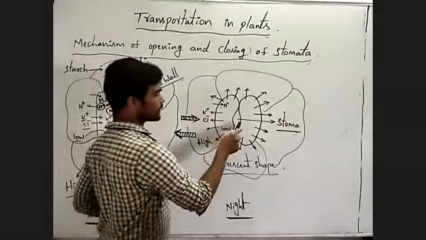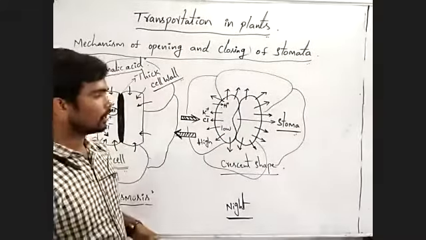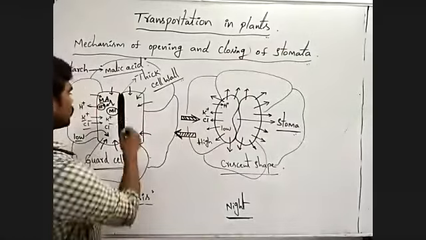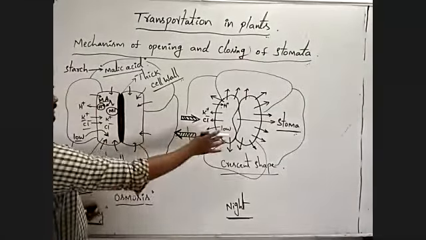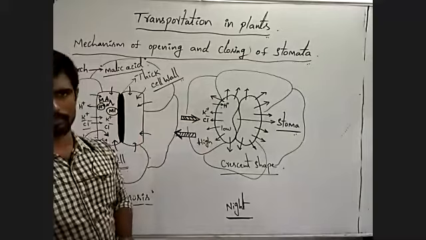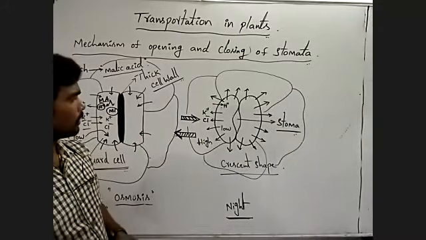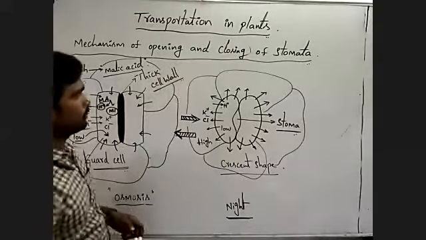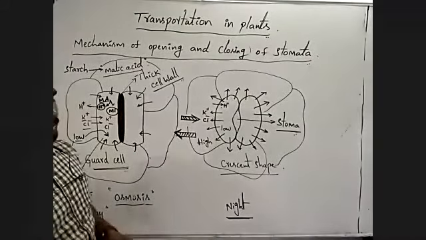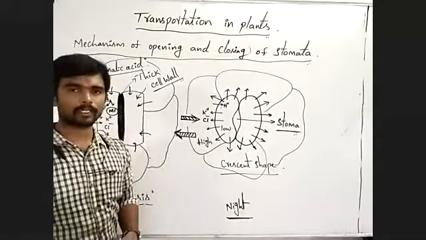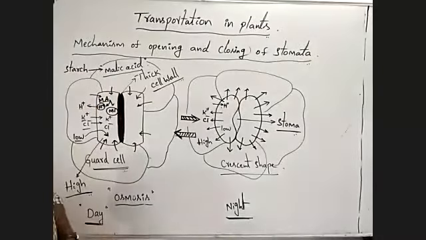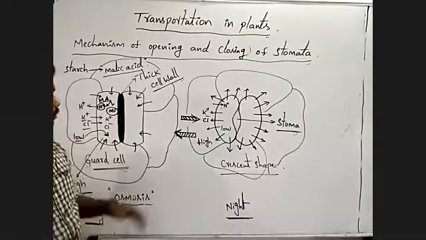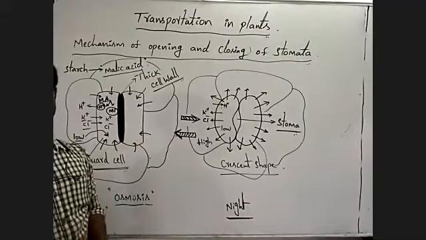Here stomata is open because of this mechanism. Here stomata is closed because of this reverse mechanism. Okay, this is the opening and closing mechanism of photoactive stomata.